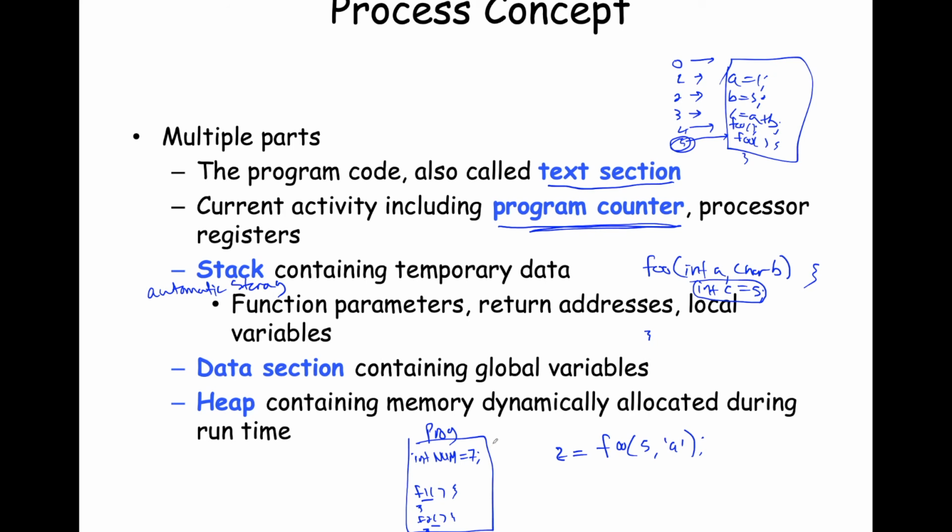Global meaning that every function, every statement can actually see and use this particular variable. And so the data section of your program consists of all the global variables. And when you compile your program, the compiler sets up or establishes different sections of your program that have different purposes. One such section is the data section containing all the global variables.